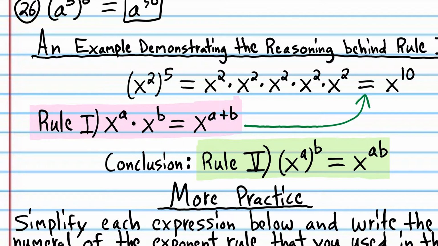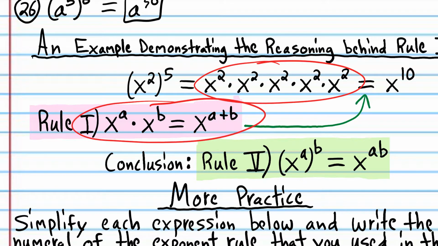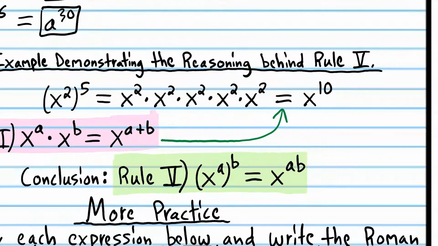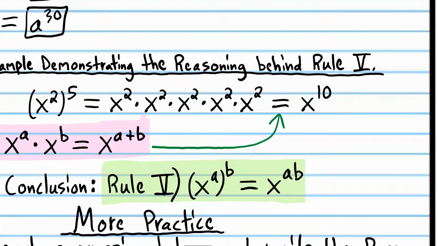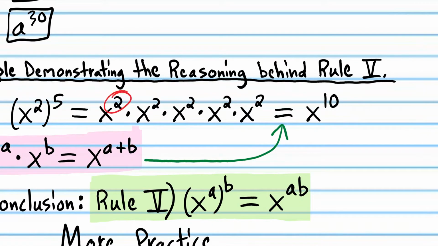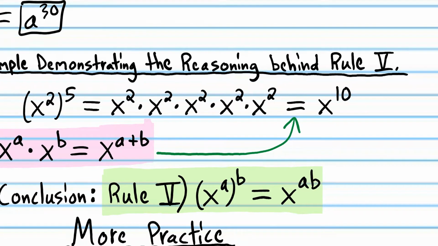If you multiply all these together, then you just add the powers. So if you add all those powers, guess what? You get 10. But notice that it's 2, 5 times, so that's 5 times 2 is 10. And that's why it works.